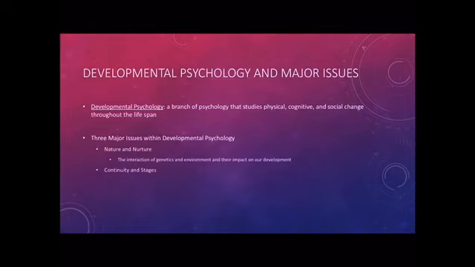And then there's the debate of continuity versus stages. What components of our development are gradual and continuous, that's the continuity side, and which components of our development happen abruptly in separate stages? Do you just wake up one day and all of a sudden you're a mature and moral person? Probably not. That's more of a continuity development issue.